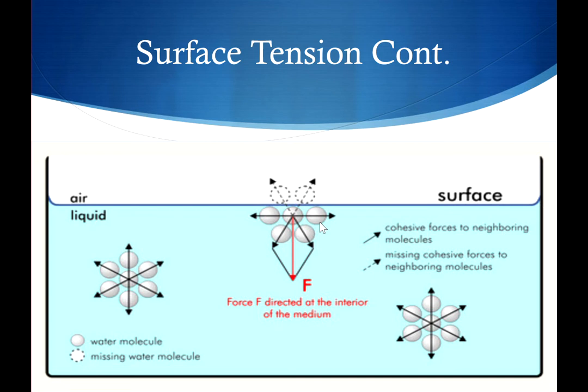So in other words, when you see a drop of water and you see that the drop is kind of round, you will think about it and say, okay, why is it round? Why is it not completely flat on the surface? This is because when molecules of water gather together, they work more or less as a magnet.